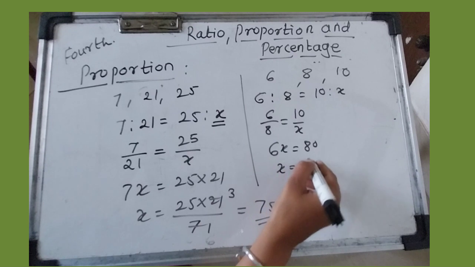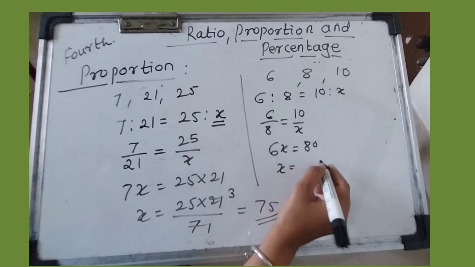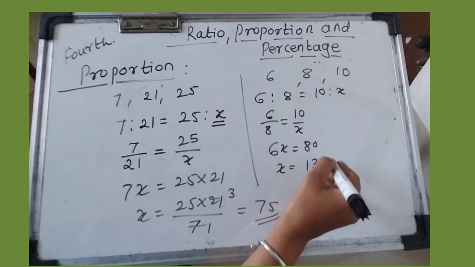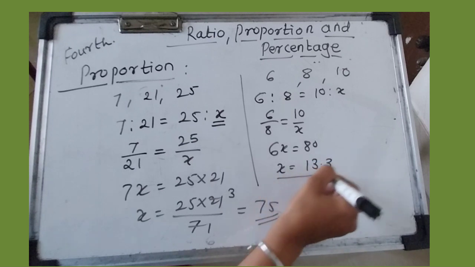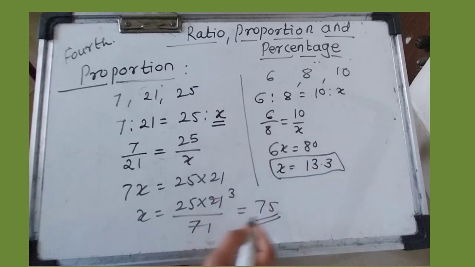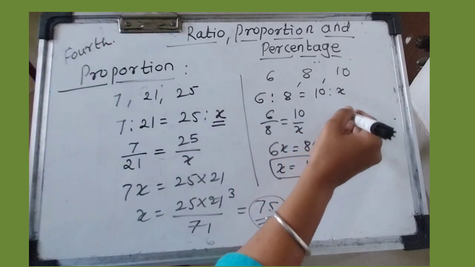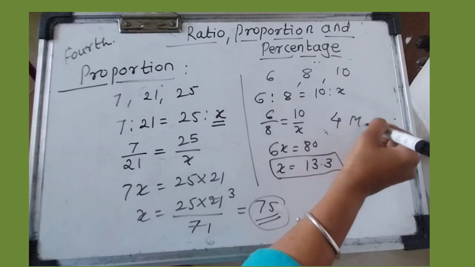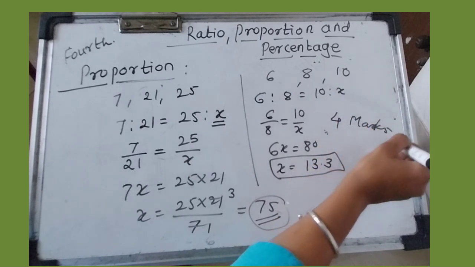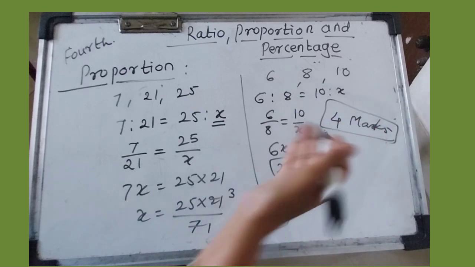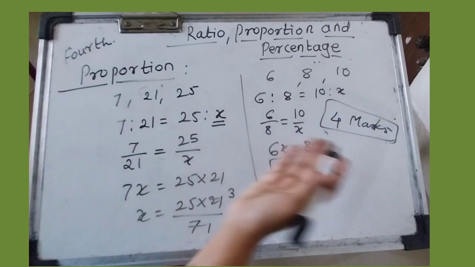So x equal to 80 upon 6, which is approximately 13.333. So this is my answer. Clear? Take a screenshot. It was asked for 4 marks. Don't miss out. It is a very simple concept. 4 marks at undergraduate level.